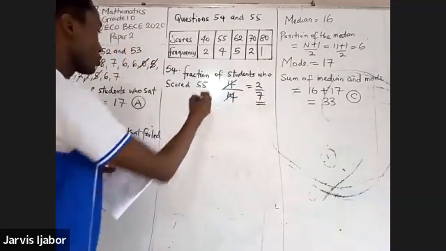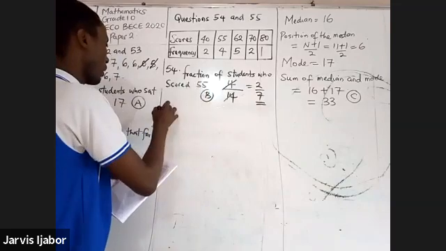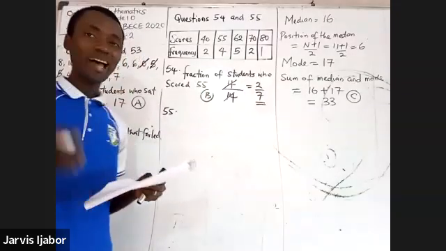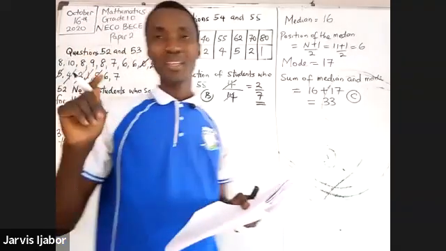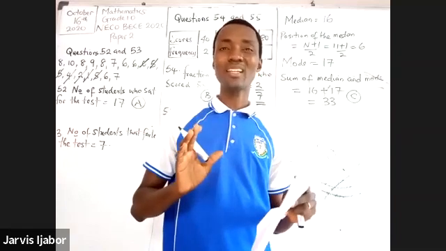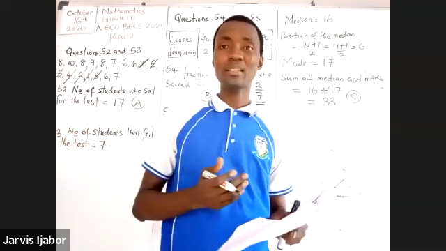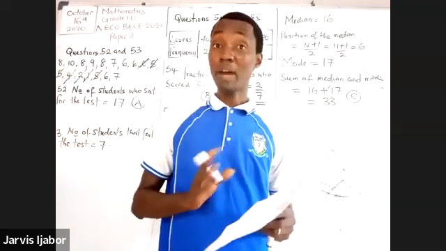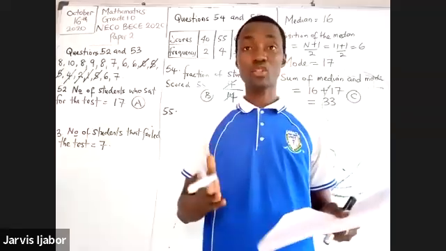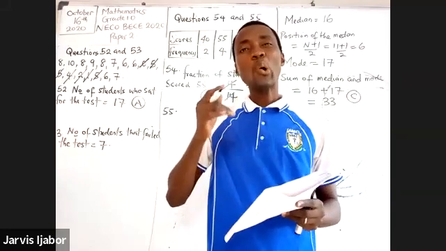And then the next question will have been 55. How many students scored at most 55? Now, here you need to have an understanding of English. I always tell my students that to do well in maths, you must have a strong knowledge of English. And that's the truth. How many scored at most?